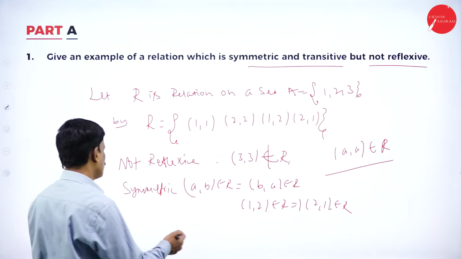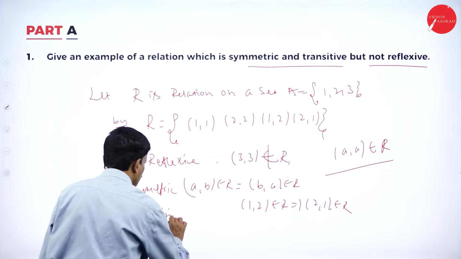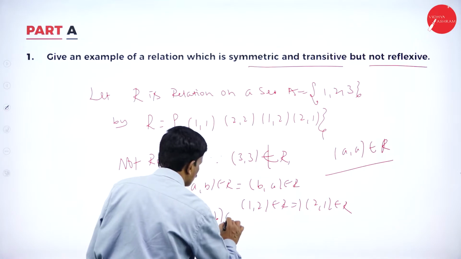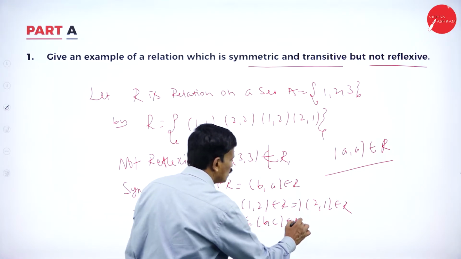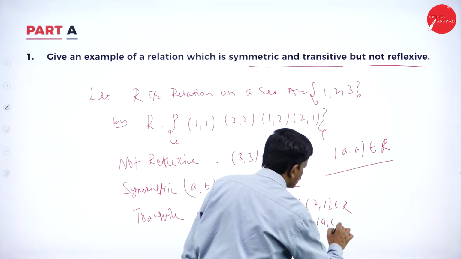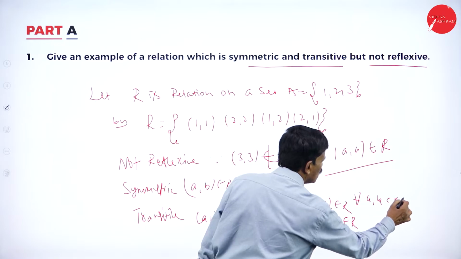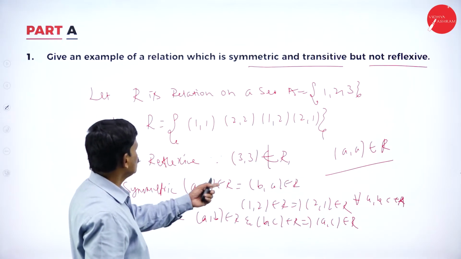You can also verify the transitive property. Transitive means (a, b) belongs to R and (b, c) belongs to R implies (a, c) also belongs to R for all a, b, c belonging to the set A. You can verify that.